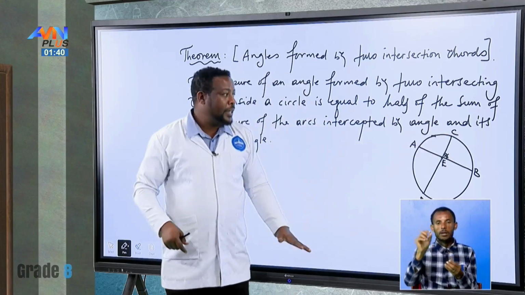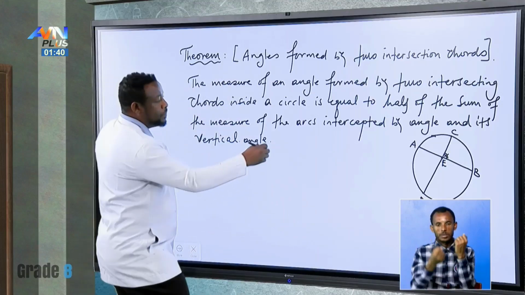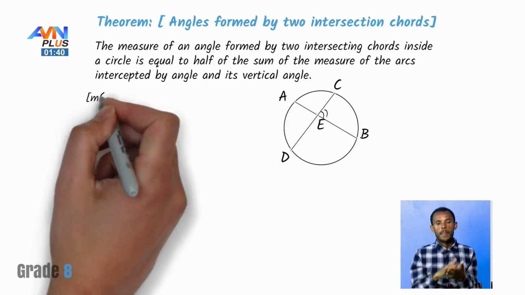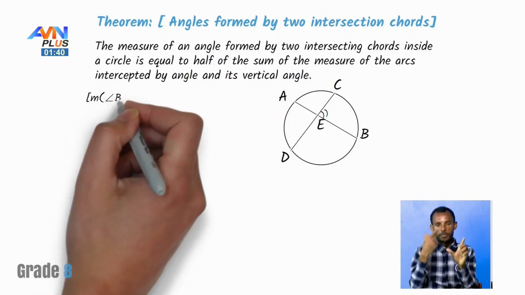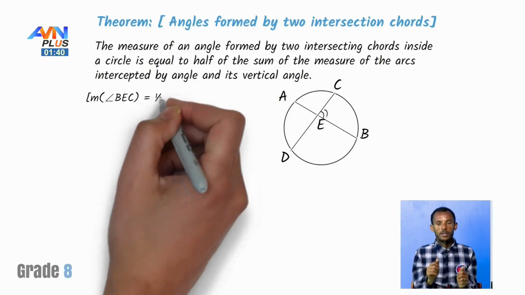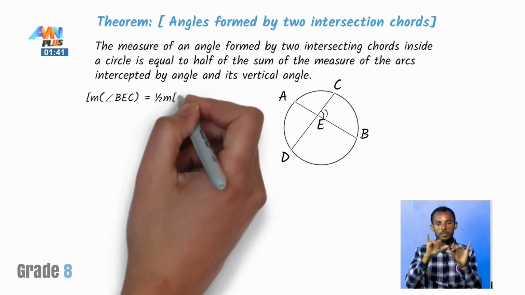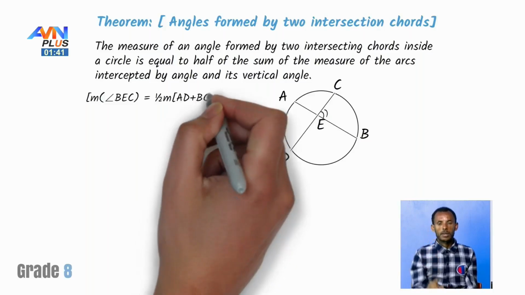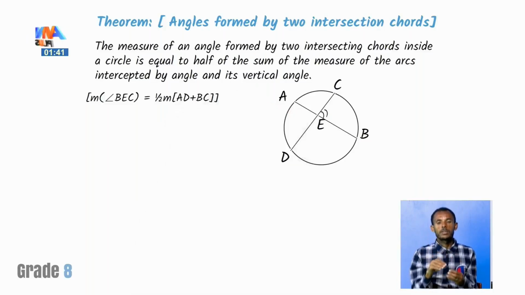So the measure of angle BEC is equal to half of the measure of arc AD plus arc BC.